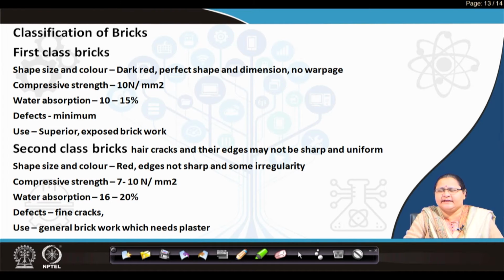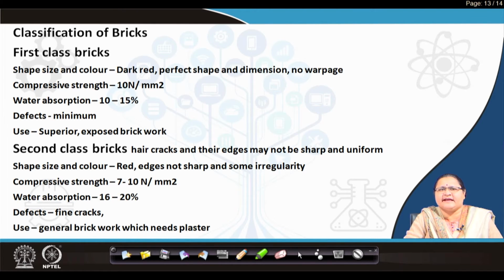Coming to the second class brick, they might have hair cracks and their edges may not be sharp or may be uniform. Shape, size and color, it is red, edges not sharp. Compressive strength is a little low, 7 Newton per millimeter square. Anything between 7 to 10 is classified as second class brick, and water absorption is 16 to 20%.